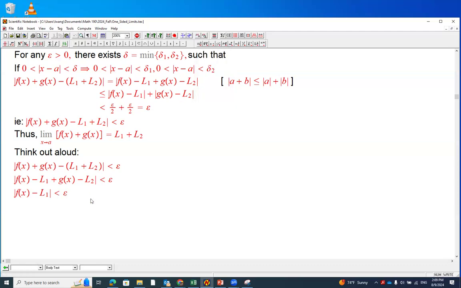So let me explain it to you. So if this is true, right, and that is true, less than epsilon.